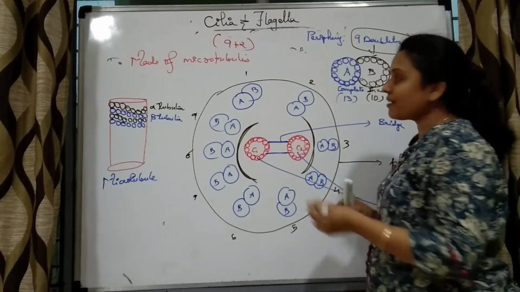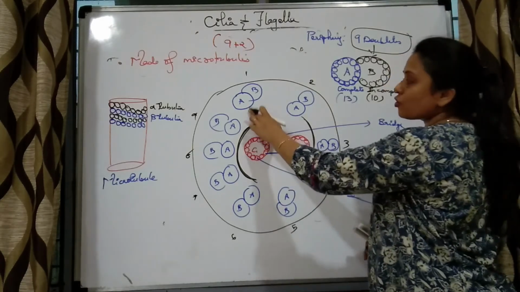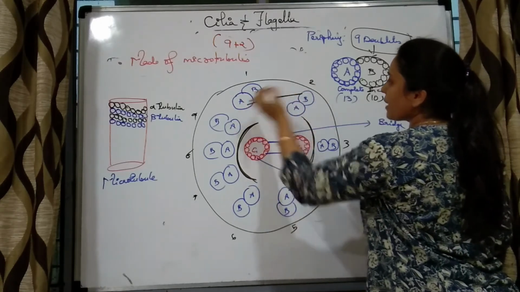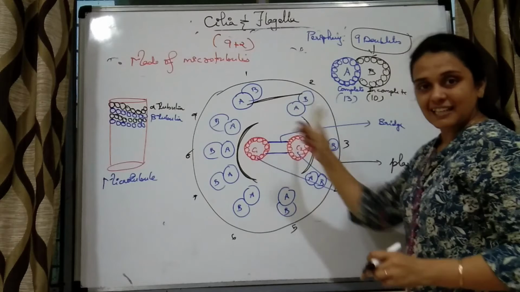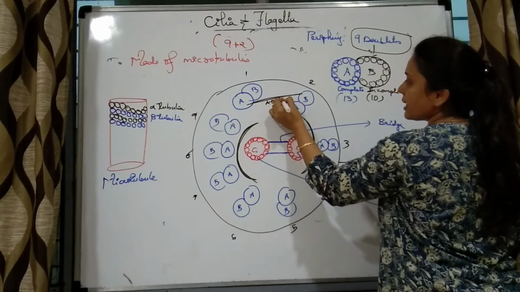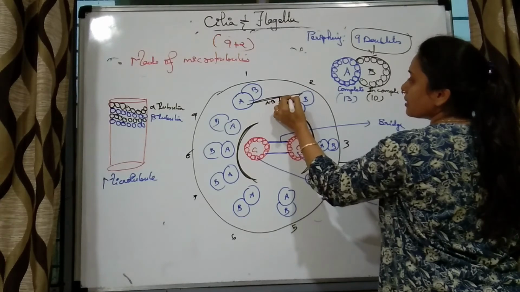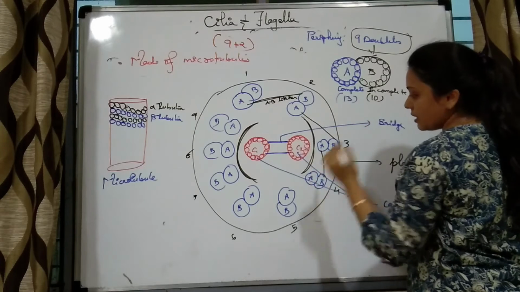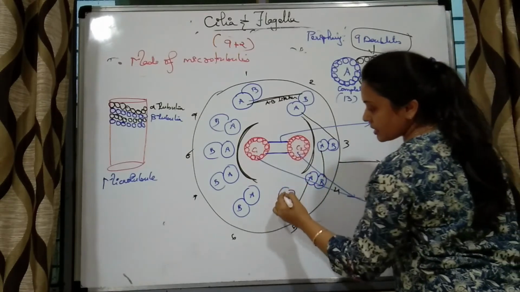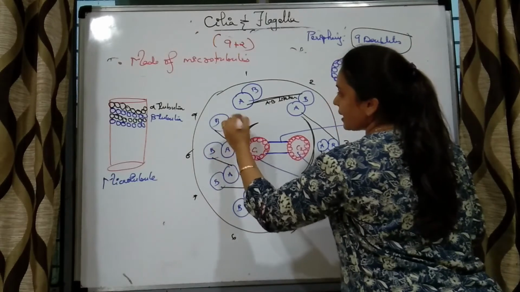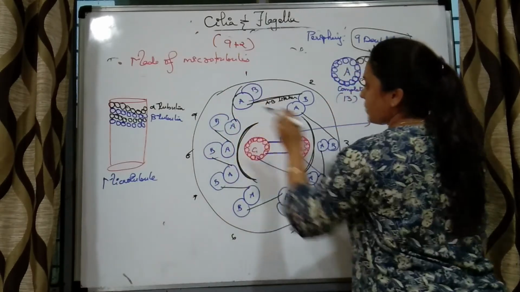Now there is a linker. The A microtubule of the first doublet is linked with the B microtubule of its succeeding doublet by a linker. This linker is called the AB linker. Similarly, this A with B, this A with B, this A with B, likewise those doublets are connected.